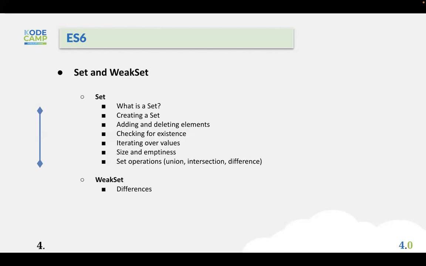So if you add two values that are the same in a set, only one of them will be available in that set. If you try to add a duplicate value to a set, it will be ignored, and the set will not contain multiple copies of that same element. And then value types: sets can hold values of any data type, including primitives, that is strings, numbers, and booleans, and even complex objects like arrays or other sets.